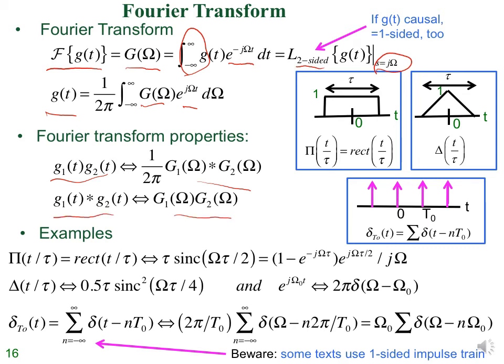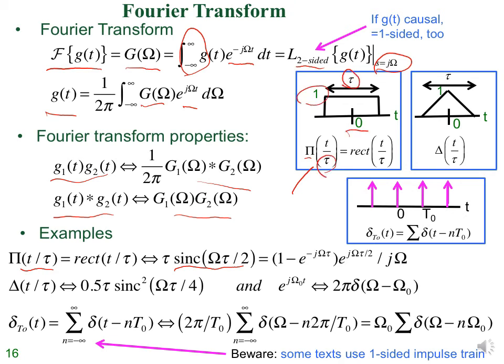Some common Fourier transform pairs: of course, the rectangular pulse gives a sinc function in frequency. By the way, the definition of the rectangular pulse, tau wide, is the Greek capital pi, or gate function, of t over tau, which would be a pulse tau wide, 1 high, centered at 0.